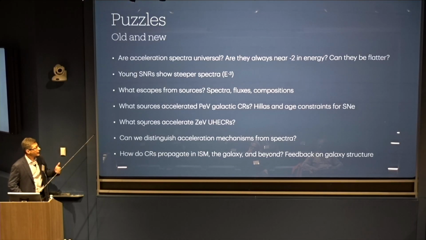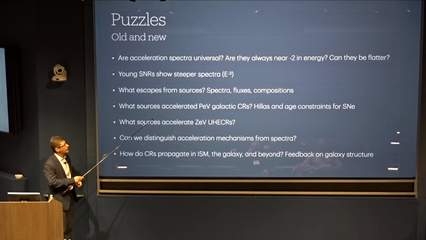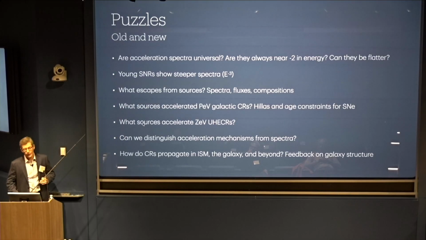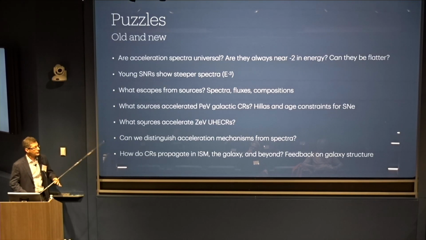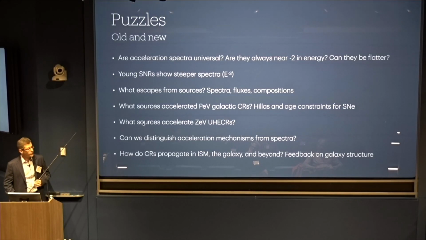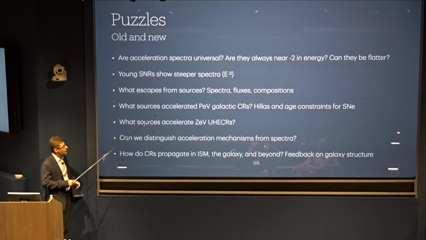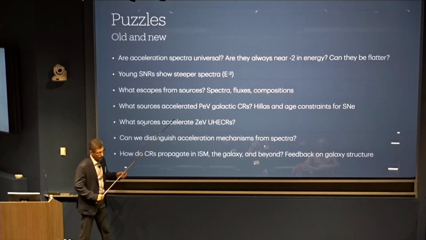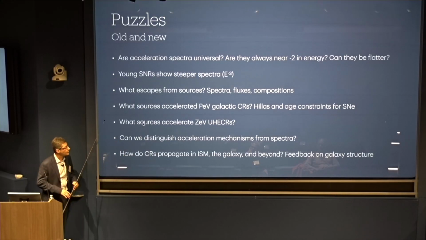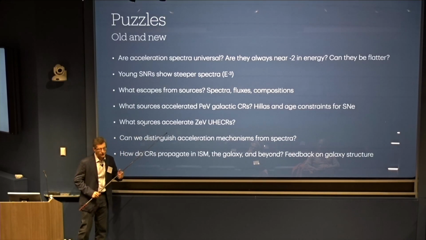In some cases, we actually observe different spectra, such as E to the minus 3 in photons in young supernova remnants, which suggests that at least some electrons somewhere are accelerating in a different way, or at least we observe something with a steeper spectrum. Also, we're interested in what escapes from sources. The cosmic rays that we observe are not the cosmic rays behind the shocks in supernova remnants. They're the cosmic rays that escape from the supernova remnants.